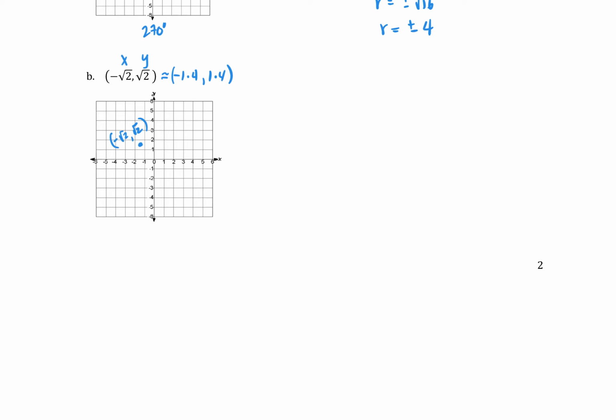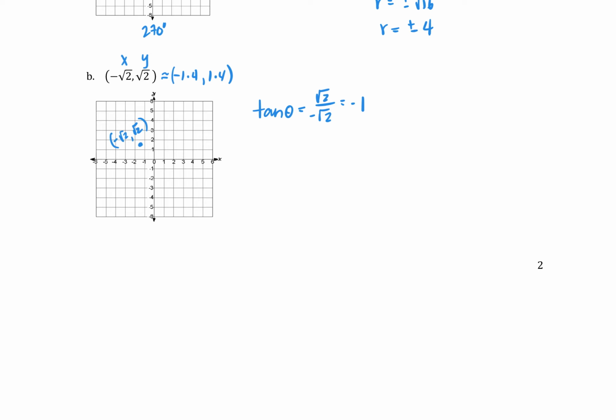Now you notice in this particular case, it's a little bit harder to guess what my angle would be and what my r would be. So in this case, I have to rely on those relationships. I'm going to use the tangent of theta is equal to the y value, which is square root of 2, over the x value, negative square root of 2. So this is negative 1, and we have to think, when is tangent equal to negative 1? Well, tangent is negative in quadrants 2 and 4.